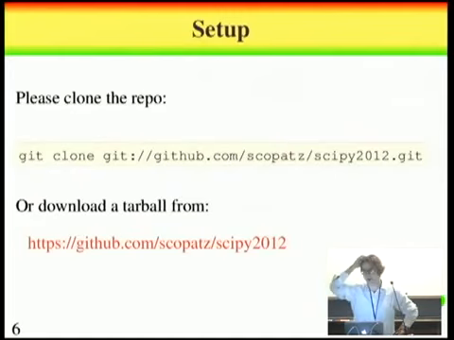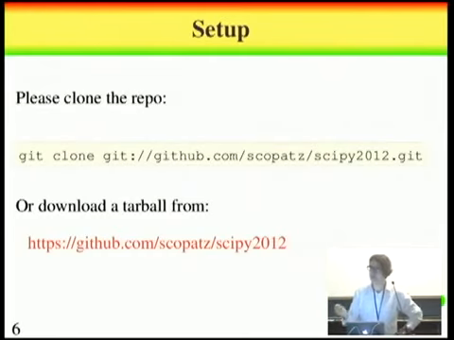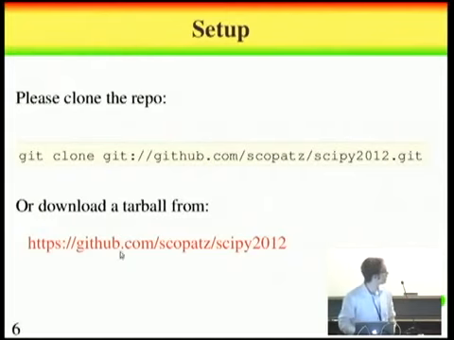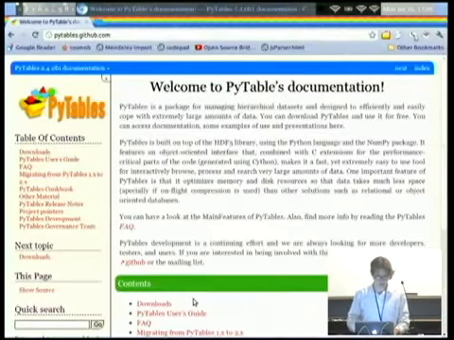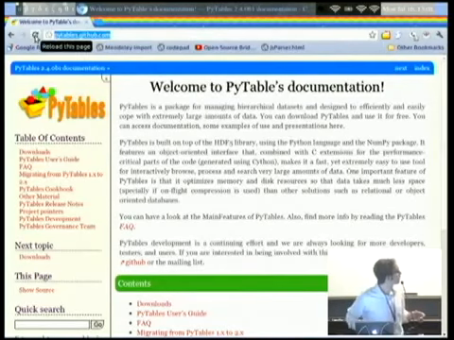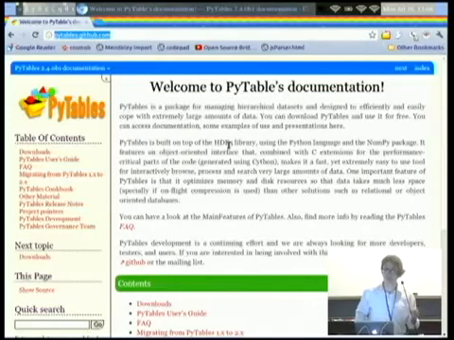Ideally, your package manager will have it. In your case, if your package manager doesn't have it but you grab the dependencies, you should be able to go to the PyTables documentation, which is at pytables.github.com.